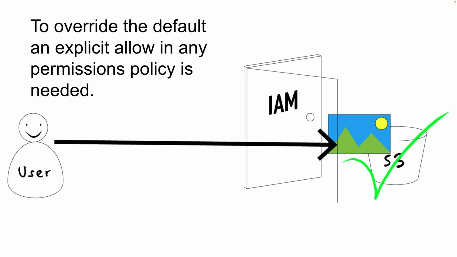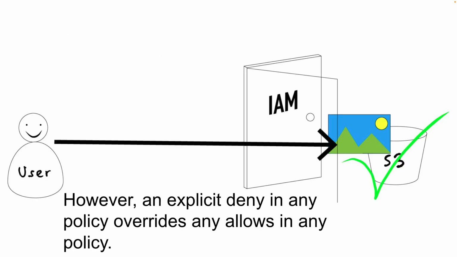For the default deny associated with a user's account to be overridden, an explicit allow in any permissions policy is needed. However, an explicit deny in any policy overrides any allows in any other policy.